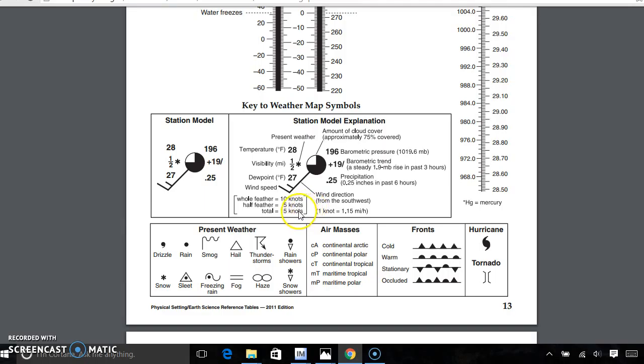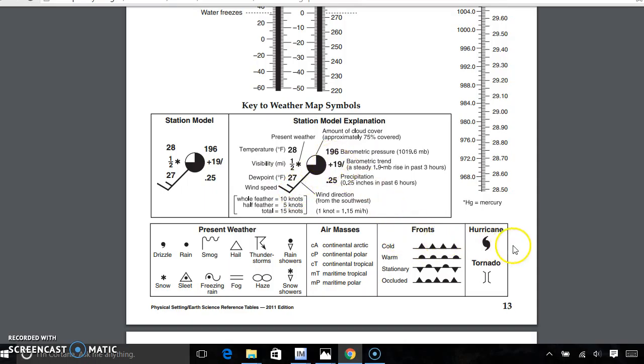The Navy uses knots when they calculate the speed of a boat. So it's just a different measurement for speed. But it works very similarly to miles per hour, and it's not all that different than miles per hour. So here we have a total wind speed of 15 knots coming from the southwest.